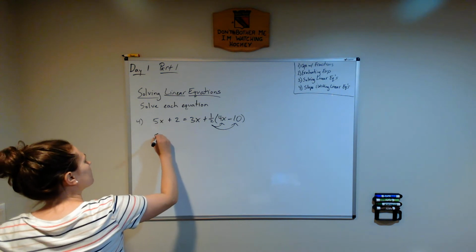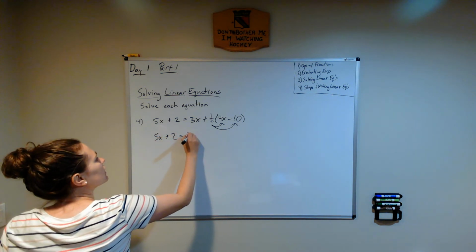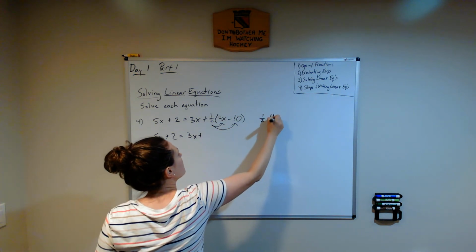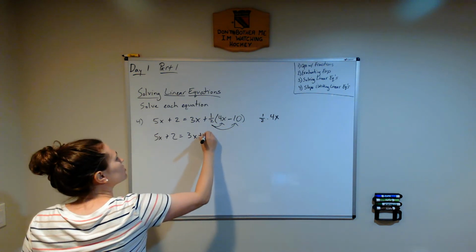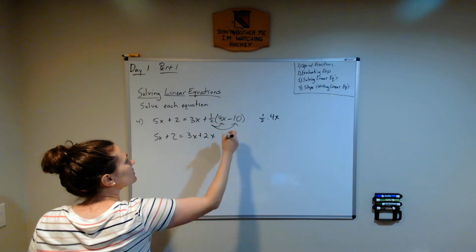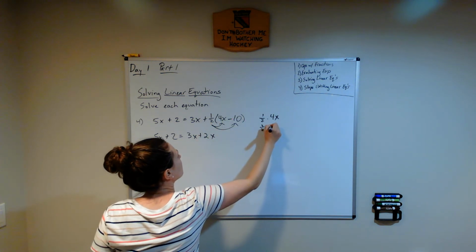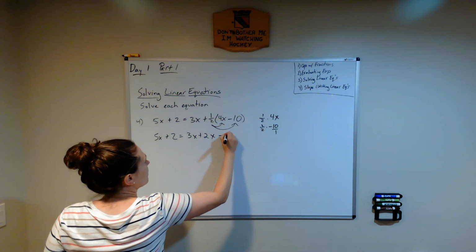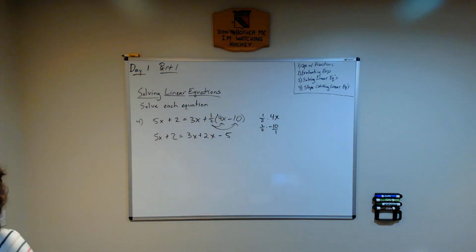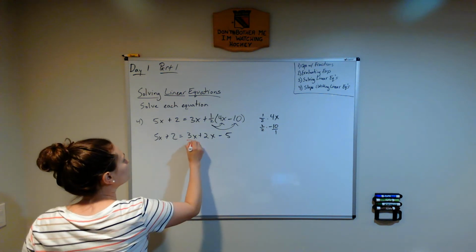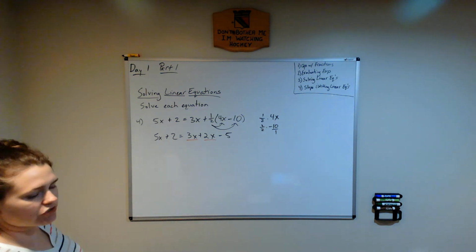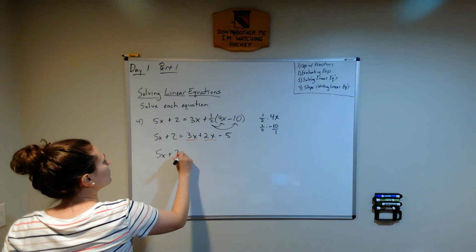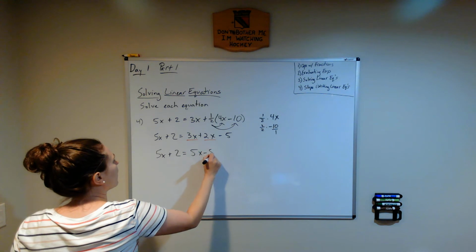That's going to be 5x plus 2 equals 3x plus 1/2 times 4x. 4 over 1, that's just 2x. 1/2 times negative 10, which is the same as negative 10 over 1, leaves us with minus 5. Now we have like terms on the right-hand side. 3x plus 2x gives us 5x. We get 5x plus 2 equals 5x minus 5.